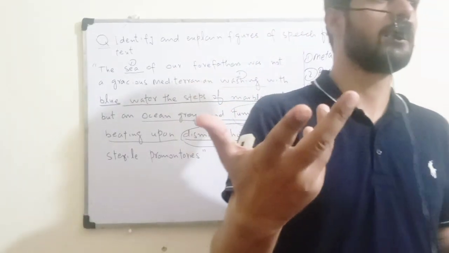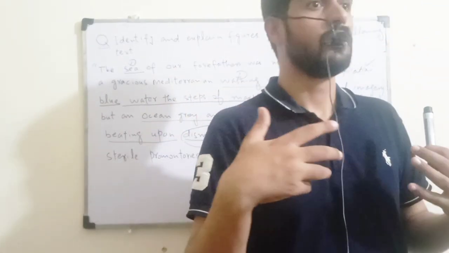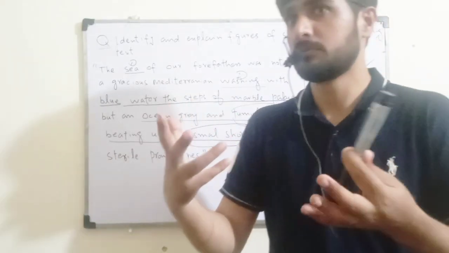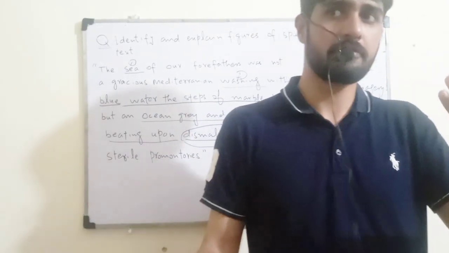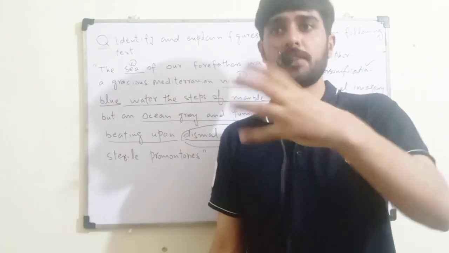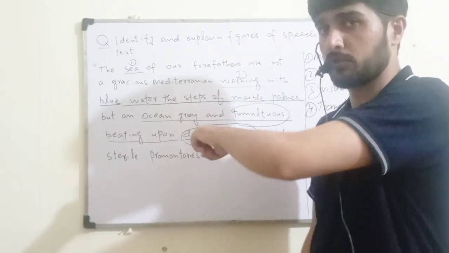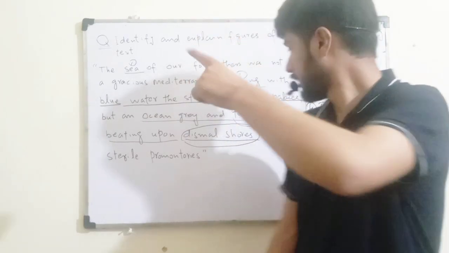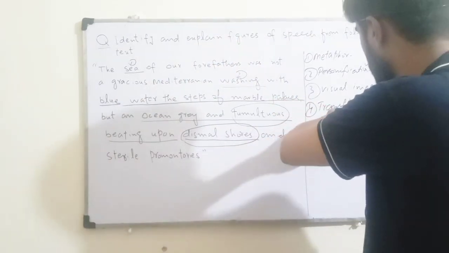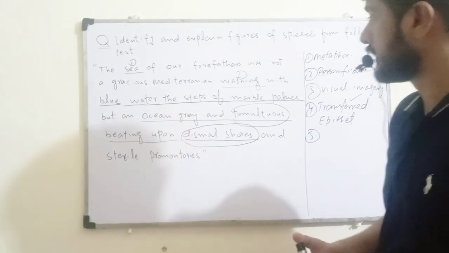Dismal is a human characteristic: sadness, sorrowful, like grief, and despair. This is the human characteristic we find in shores. Shores are a non-human object, so transferred epithet is repeated in this case.